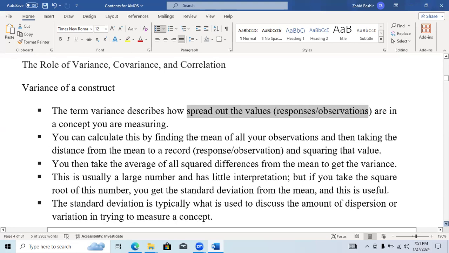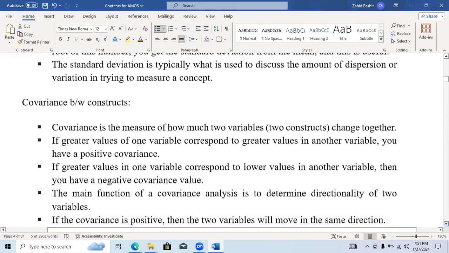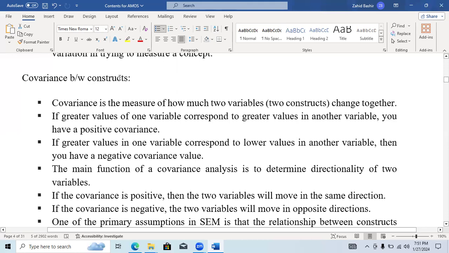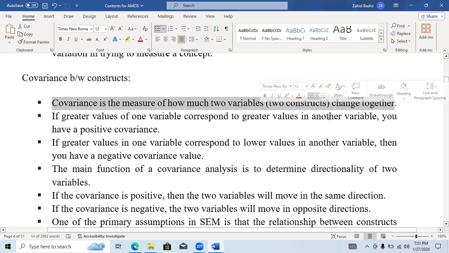But now we are dealing with the covariance between two different concepts, two different constructs. So covariance is the measure of how much two variables or two constructs change together. It indicates the change between two constructs.